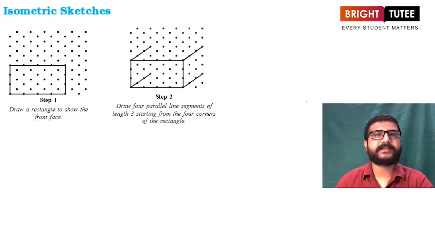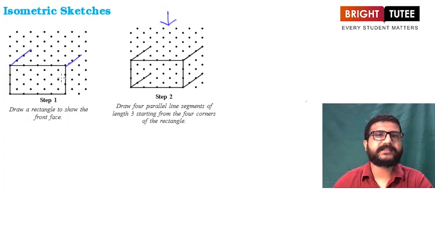Now the next thing is we have to draw 4 parallel lines which are starting from these 4 corners of this rectangle, like as we have done here in this figure. We can draw it like this line and then this one.